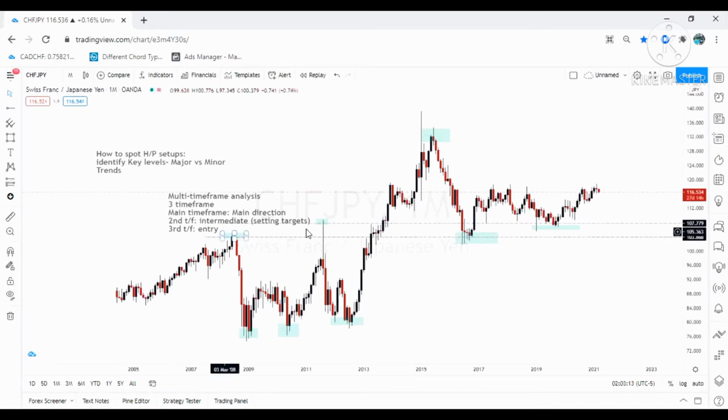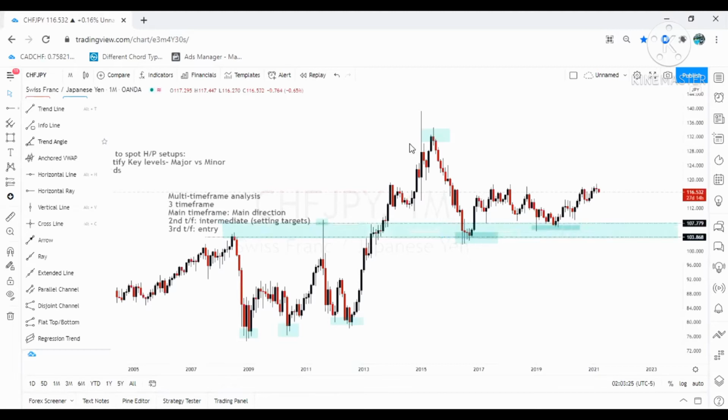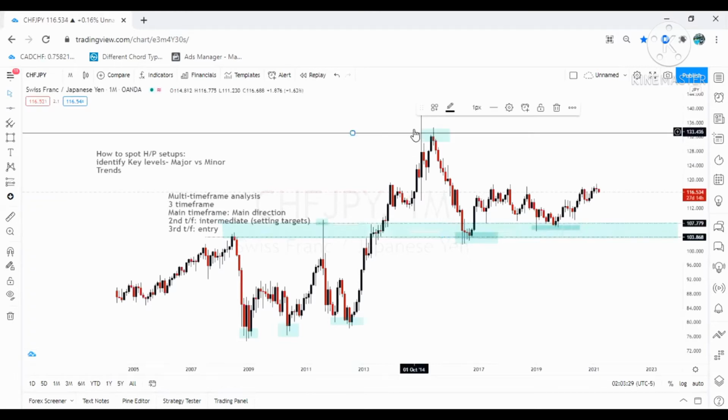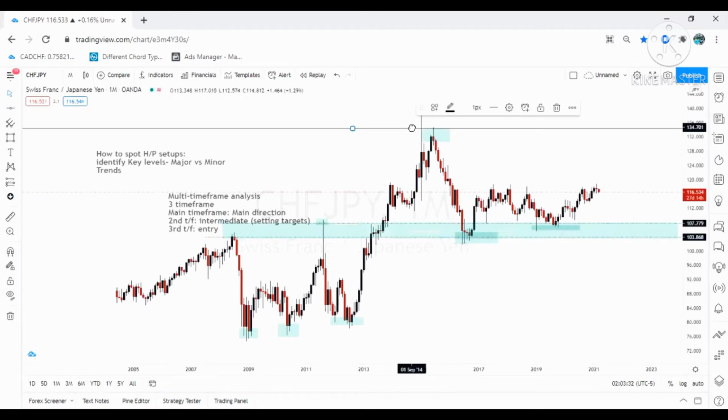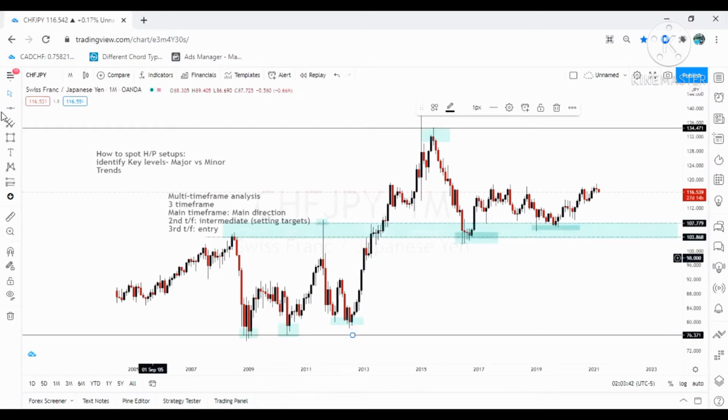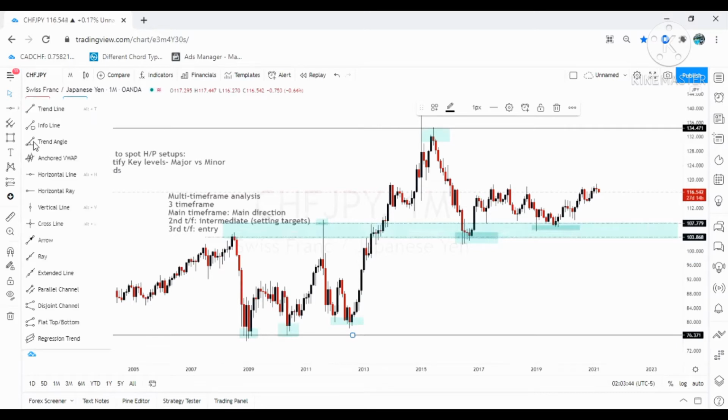This is a zone. Right? And then we have your high. And then you have your low.